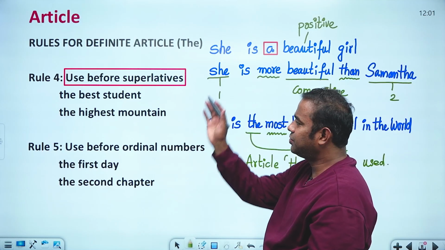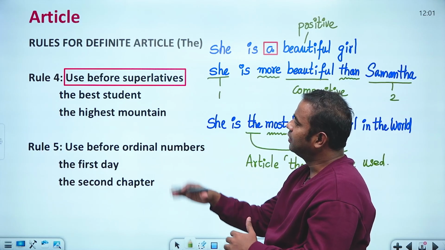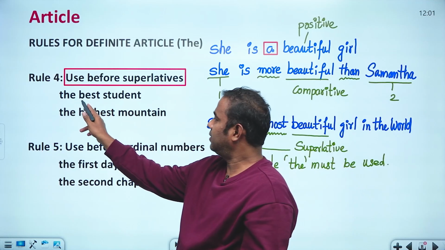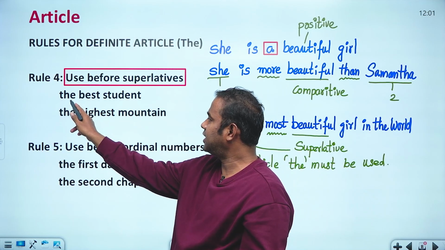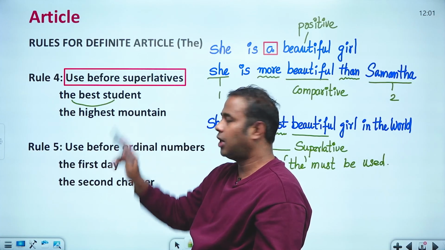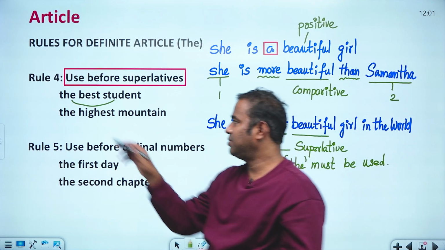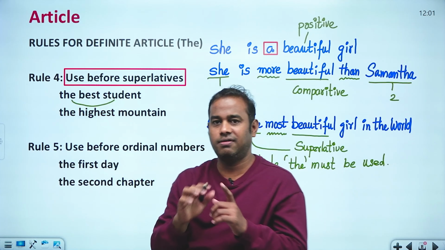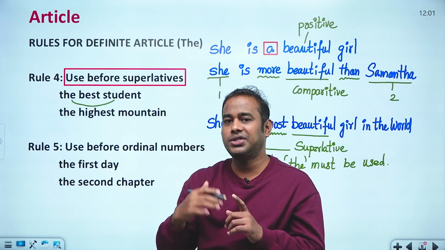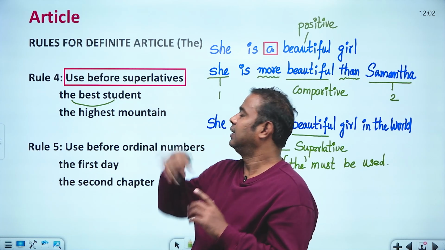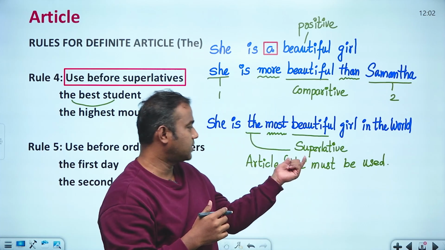So the best student, the highest mountain. Here you are not using the article with respect to the noun, you are using it for the adjective. When the adjective is in superlative degree, you use the as an article.